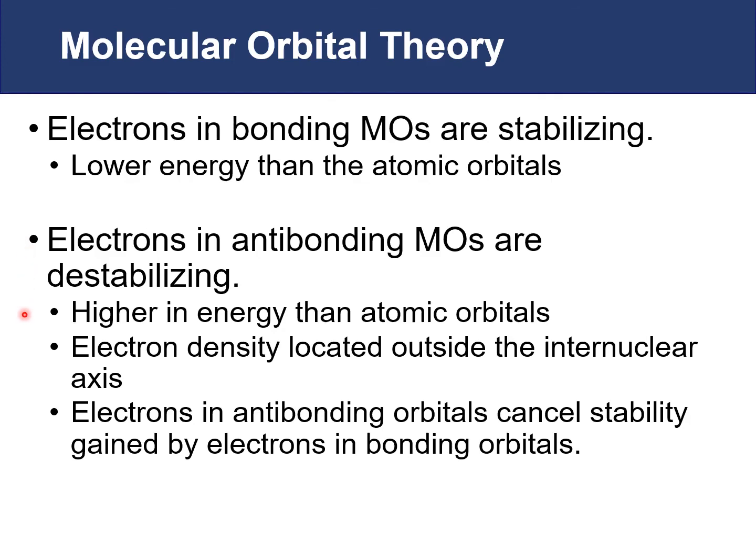These antibonding orbitals are higher in energy than the atomic orbitals. The electron density is located outside of the internuclear axes, which inhibits bonding. And the electrons in antibonding orbitals cancel the stability gained by the electrons in the bonding orbitals.